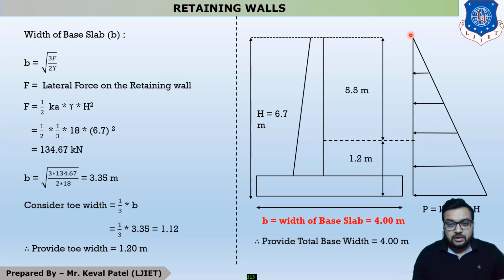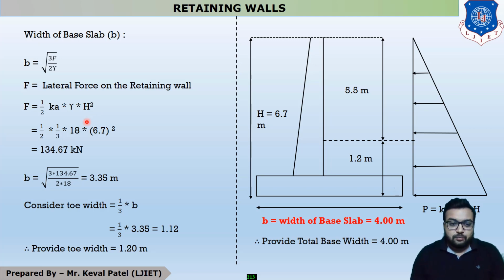So in this case, first of all, our pressure diagram is a triangle. So what is the area of triangle? The area of triangle is 1/2 base altitude. So our base is K into gamma into H and our altitude is capital H. So our final equation is 1 by 2 into K into gamma into H square.